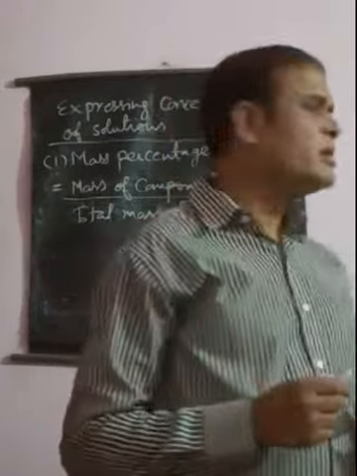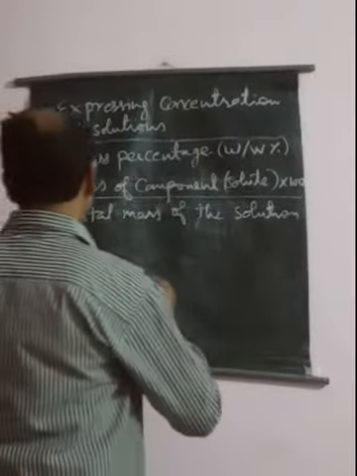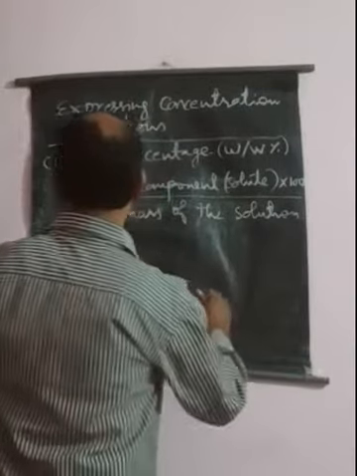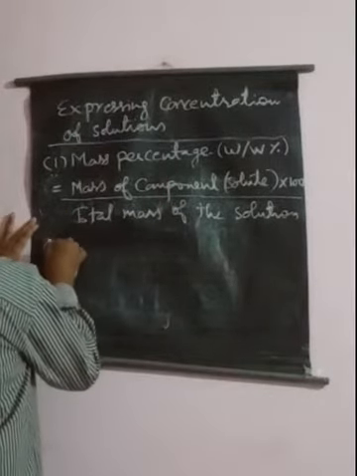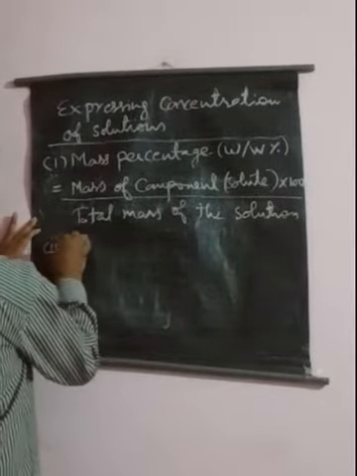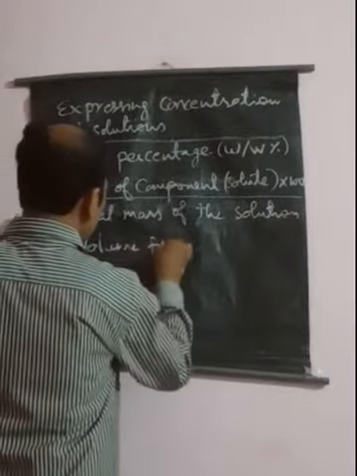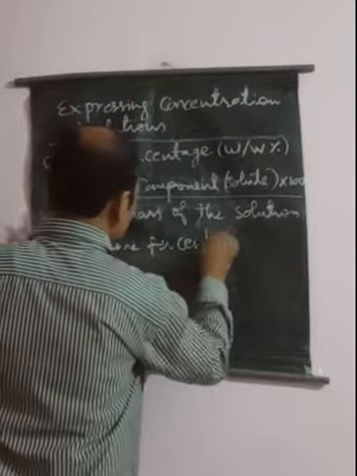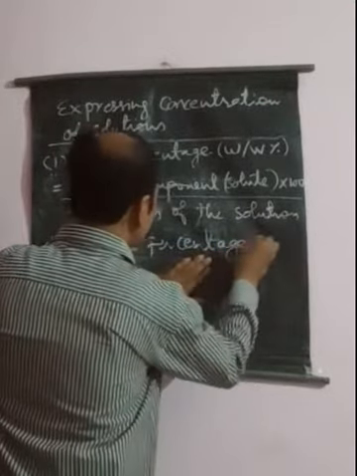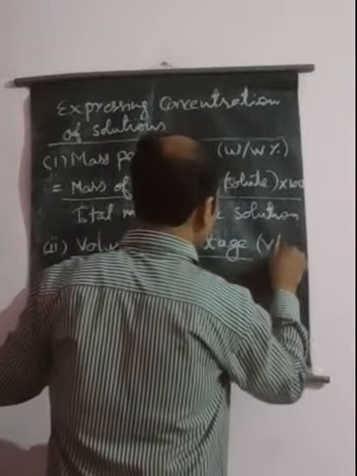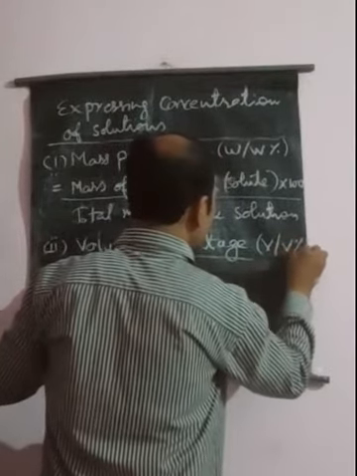Now we will see the other method of finding out the percentage or concentration of the solution. That second method is known as volume percentage. Volume percentage is denoted by V by V percent.